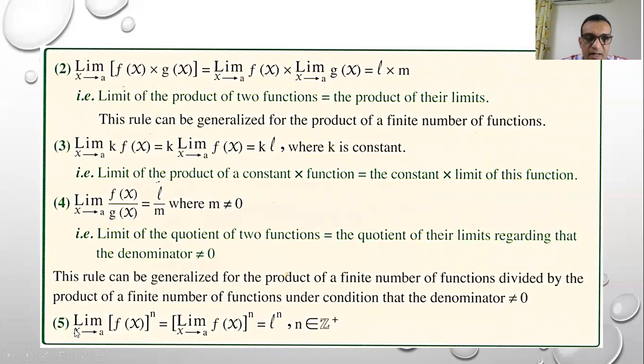Also, number 5, the limit of f(x) to the power n when x approaches a equals the limit of f(x) to the power n, which equals L to the power n, where n belongs to Z plus.